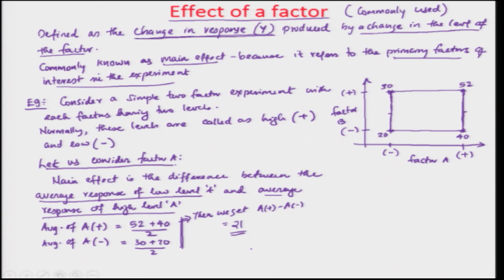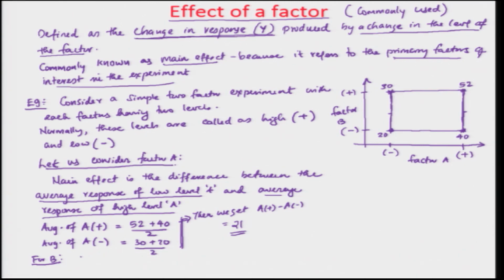Similarly, if we do it for B, let us take factor B. For B, the low level values are 20 and 40 and the high level values are 30 and 52.